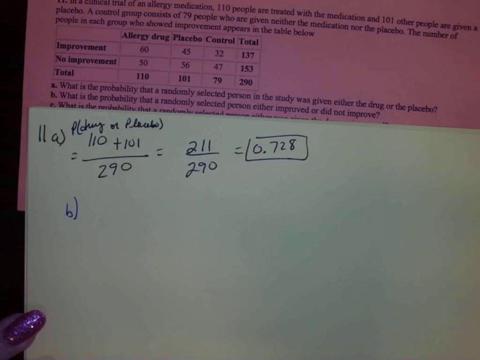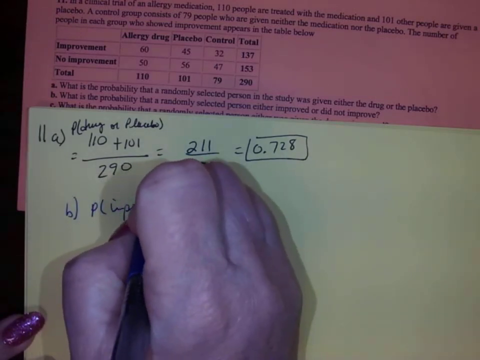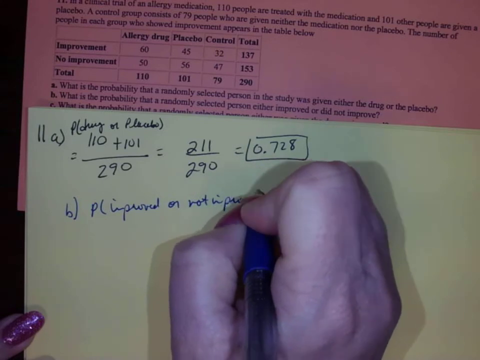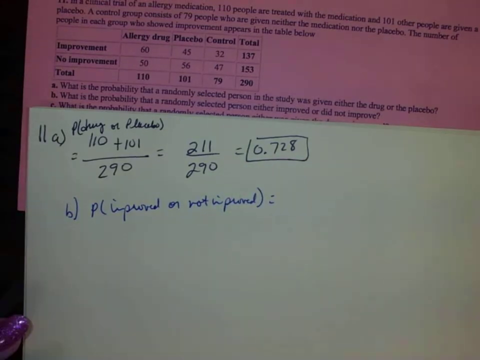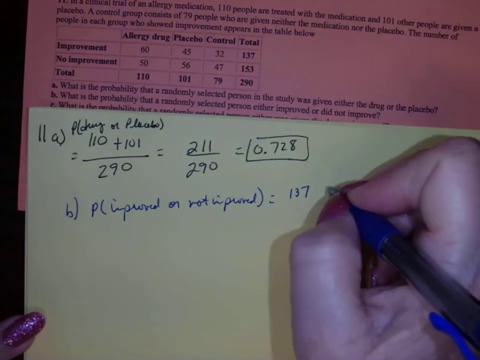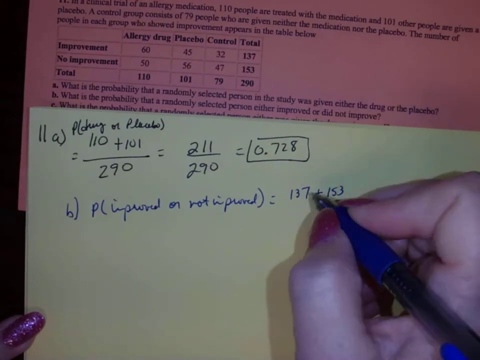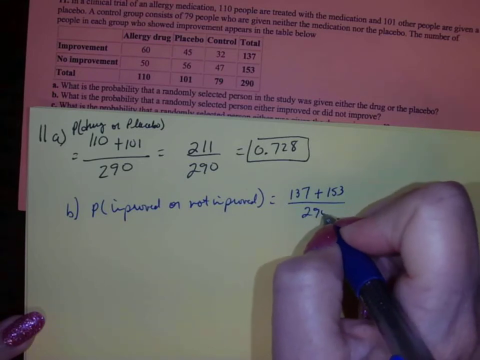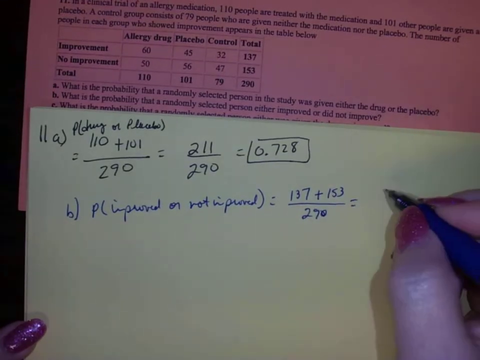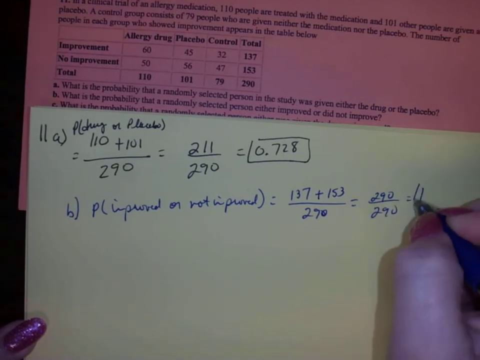This will be the probability of improved or not improved. So the improved, there were 137 that improved, and there were 153 that did not improve. Still out of our total of 290. Well, on the top, when we add that, we get 290 out of 290, which is equal to 1.